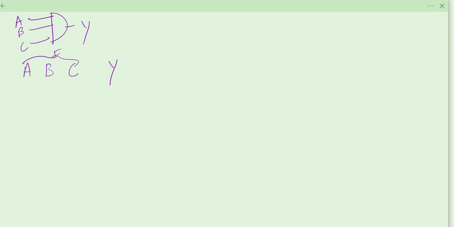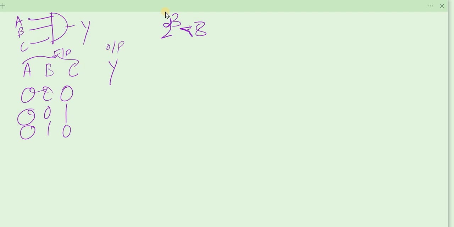Now here these are the inputs and Y will be the output. When there are three inputs, there will be 2 raised to 3, that is 8 combinations. What are these 8 combinations? 000, 001, 010, 011, 100, 101, 110 and 111.